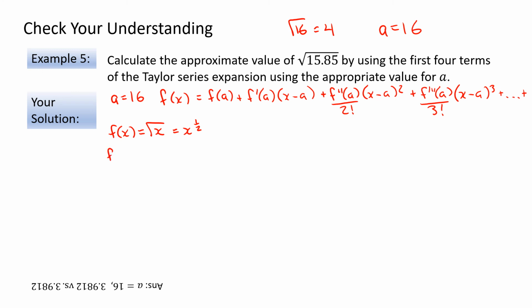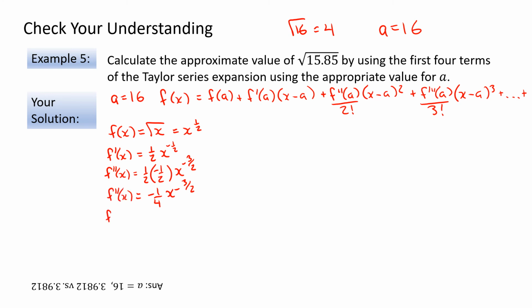So f prime of x is equal to 1/2 times x, and subtracting 1 from the exponent, you get negative 1/2. The second derivative, f double prime of x, is equal to 1/2 times negative 1/2 x, in this case, subtracting 1 again to the negative 3/2, which simplifies to negative 1/4 x to the negative 3/2.